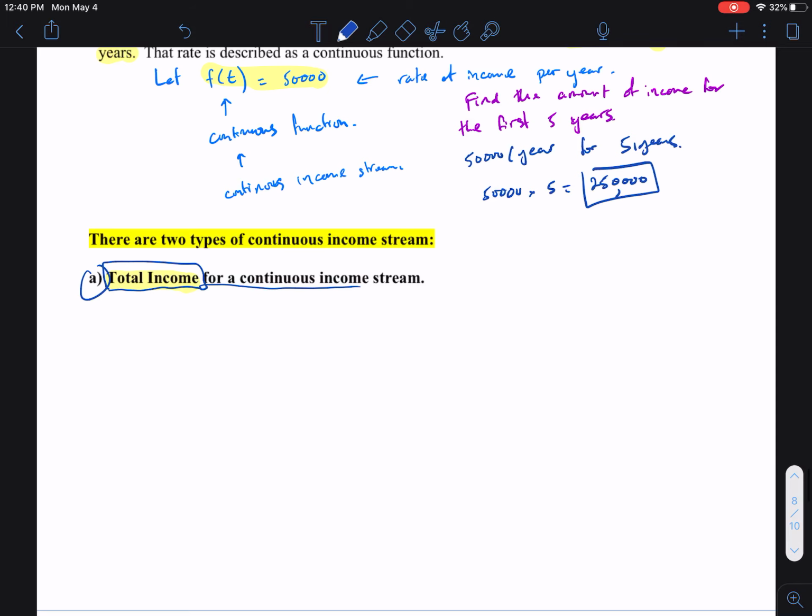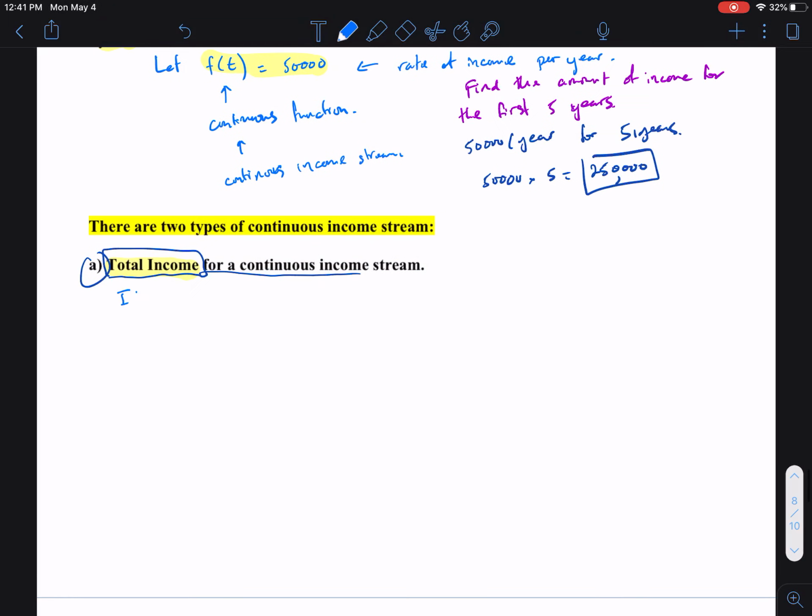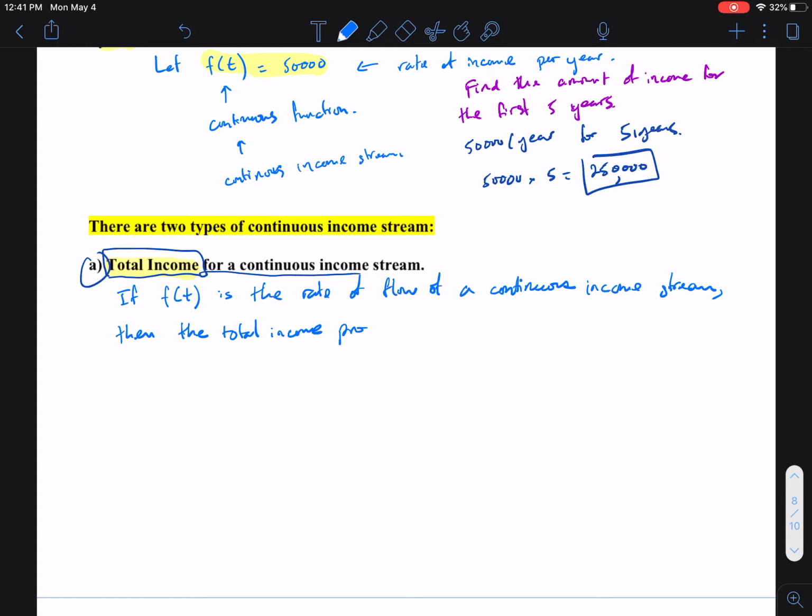The way we define this, we say that if a function f of t, where t is time, is the rate of flow of a continuous income stream, then the total income produced during the period from the time equal to A to the time equal to B is the following.